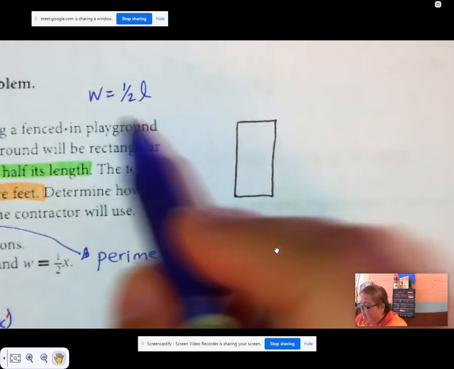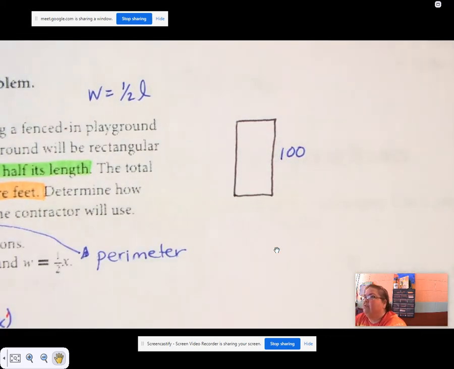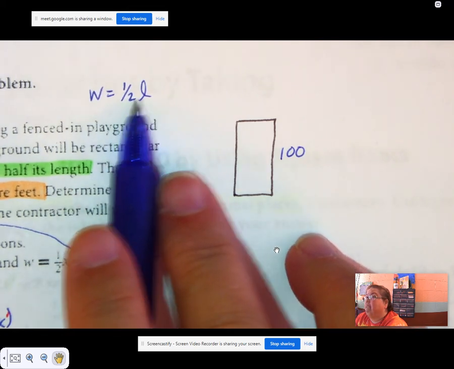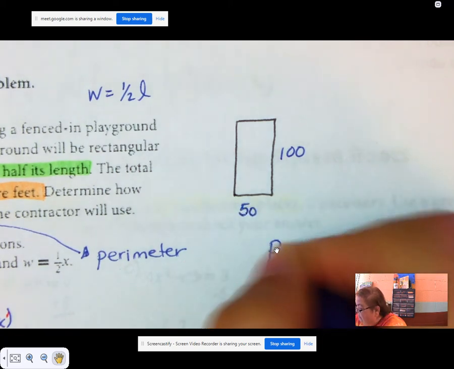The width we just found to be 100. So then what would the length be? 50. So what does the perimeter equal?